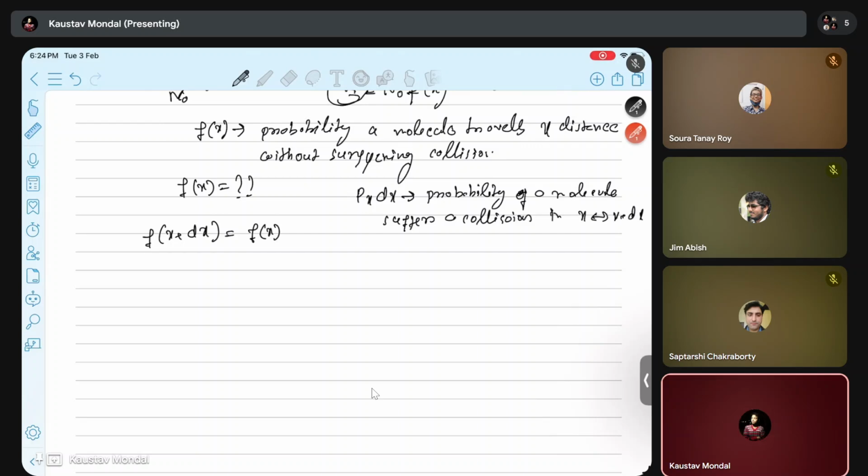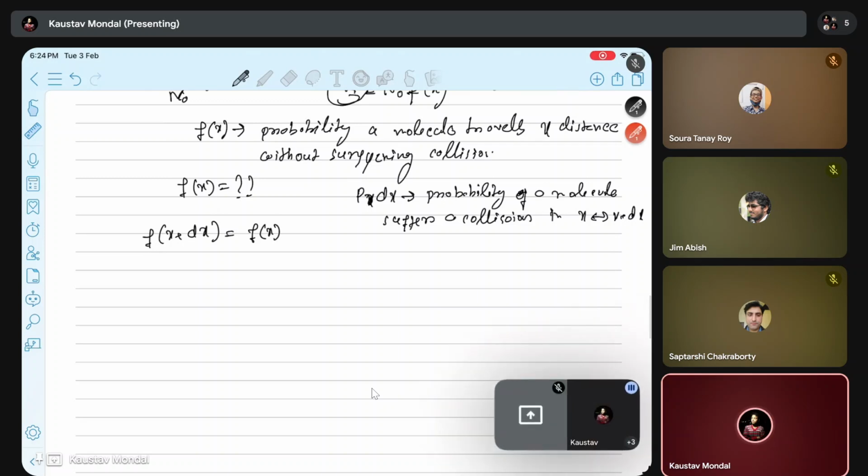So P(x)dx is opposite to f(x), okay. It gives the probability of a molecule that suffers a collision between x and x plus dx. Previously it was just in x distance, for the case of f(x).